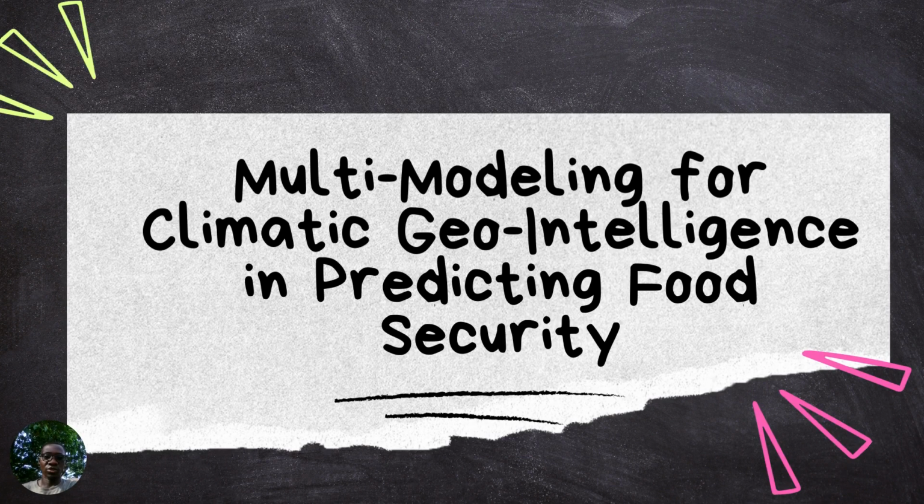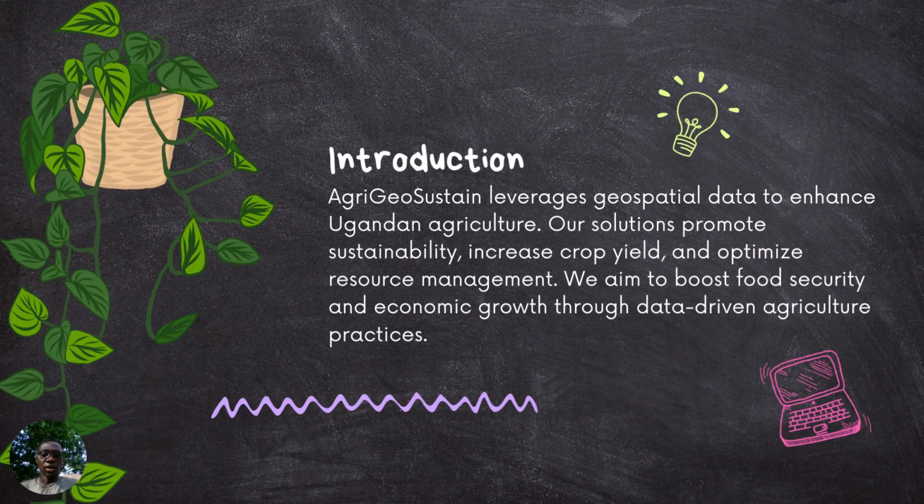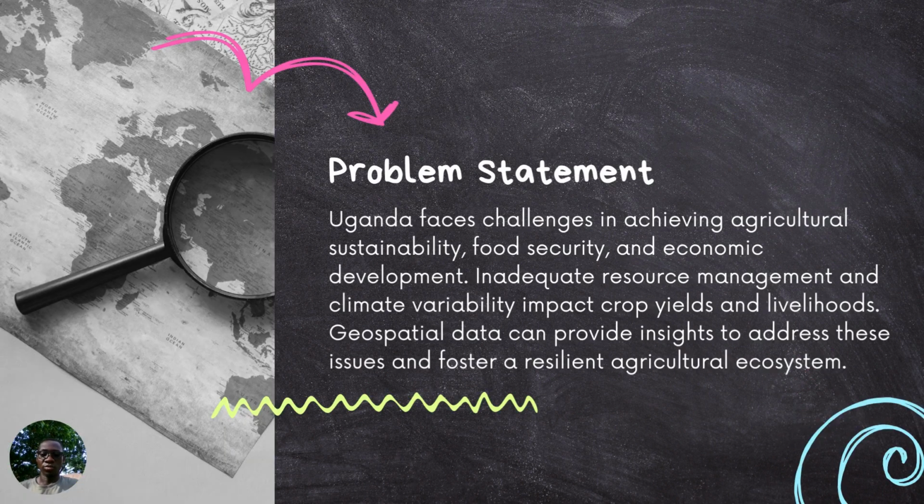So this is the project we are working on. It's a multi-modeling for climatic geointelligence in predicting food security. Briefly, this is the introduction to our project. If you've been following the recent classes we've had, this is our fifth class, and this is the problem statement of what we are trying to solve.